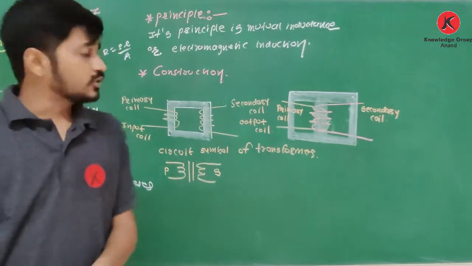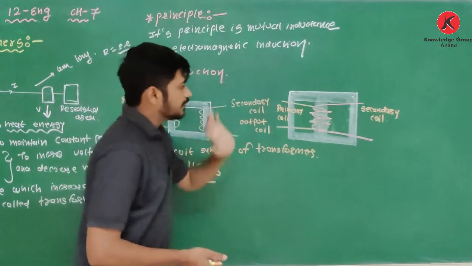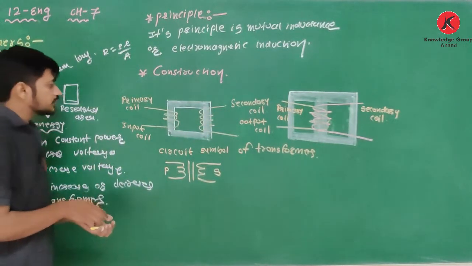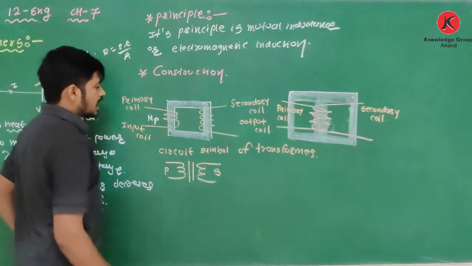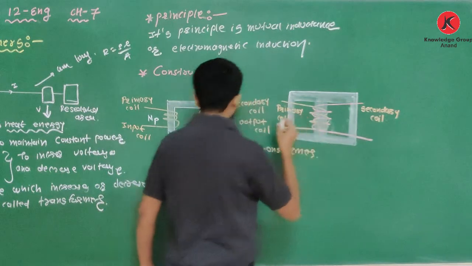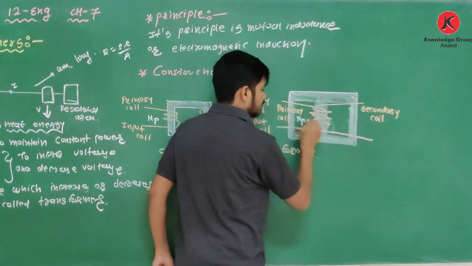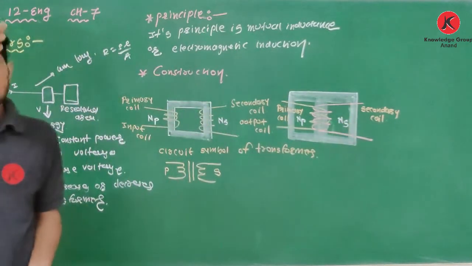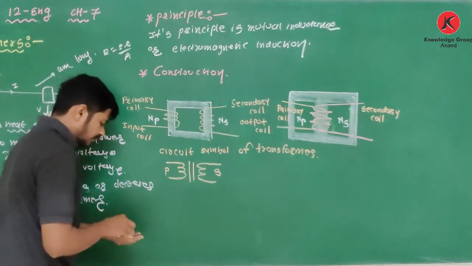Clear about this? So this is the construction of a transformer, this type and this type. Now we assume the number of turns in the primary coil is NP, and the number of turns in the secondary coil is NS. Here again it is NP, and this side it is NS. Now we will see its working.